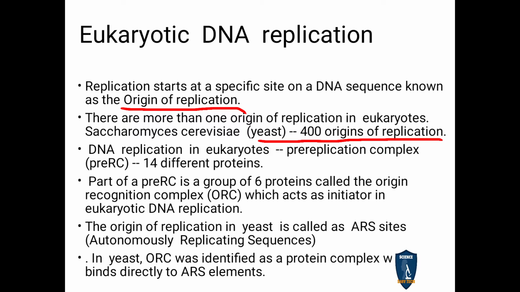DNA replication in eukaryotes is assembled as a pre-replication complex, which can be written as pre-RC. That is the replication step. The pre-RC contains 14 different proteins, and they are grouped into 6 protein groups.